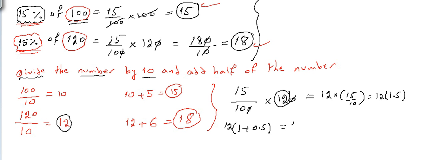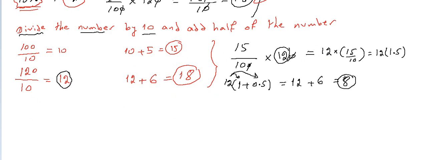This means we have 12 plus its half. So we can find a formula useful to use each time we have 15%. You can try some more examples at home yourselves.